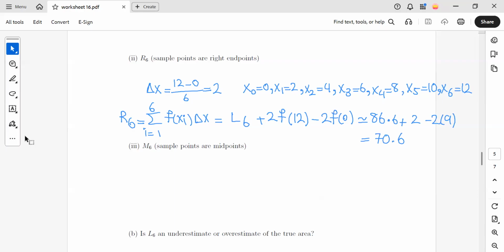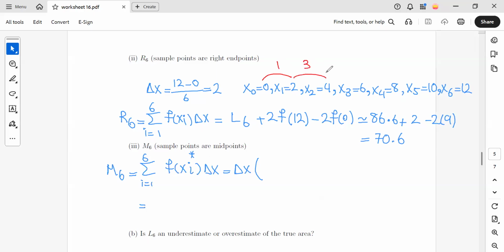About M sub 6, which is using the midpoints, the definition says it will be the sigma of f of x sub i star, this is the notation that the book uses, i from 1 to 6. So we are going to use delta x times the middle points. Between 0 and 2, the middle point is 1.